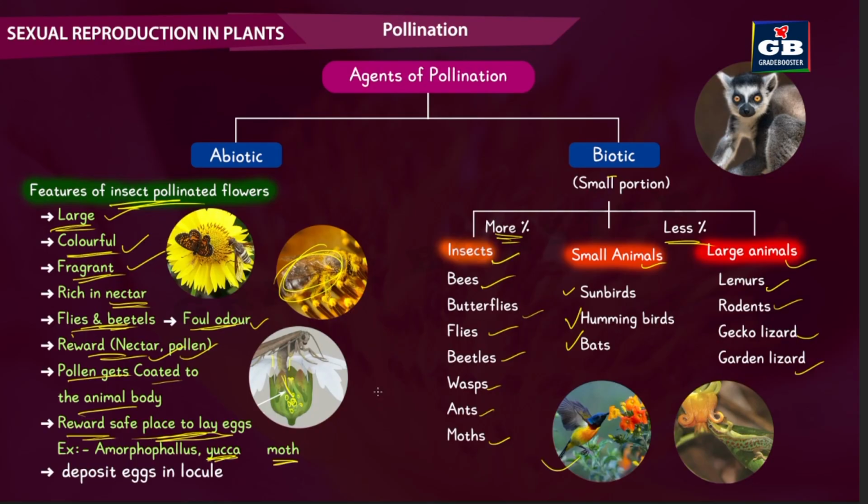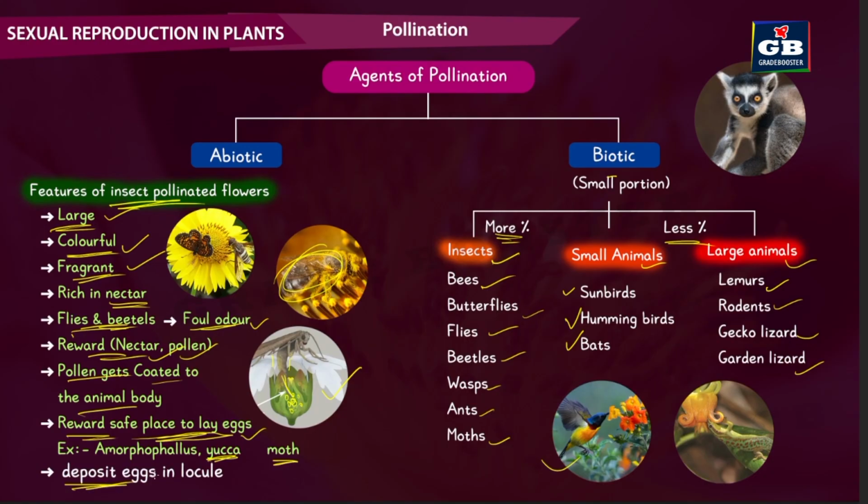Once the eggs become larvae, they come out of the flower. But how is this beneficial to the flower? Pollination is done by this moth. And the flower provides a safe place for the moth to lay the eggs. So in this relation also, this kind of pollination takes place.